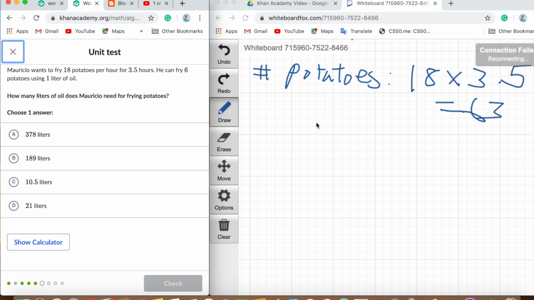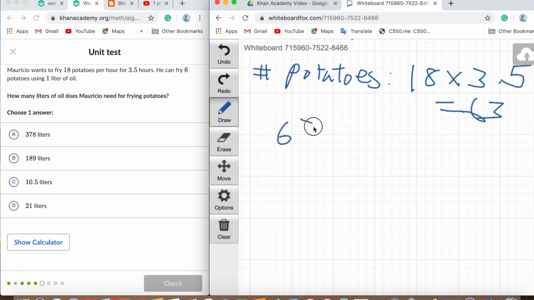Okay, so I'm gonna use 63 divided by 6. Why don't you multiply by 6? Because 6 potatoes use 1 liter of oil. It's not that 1 potato needs 6 liters of oil. That's maybe a little weird, but you can see, just common sense.